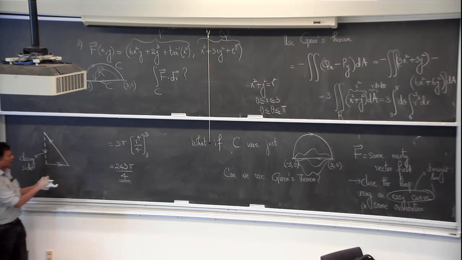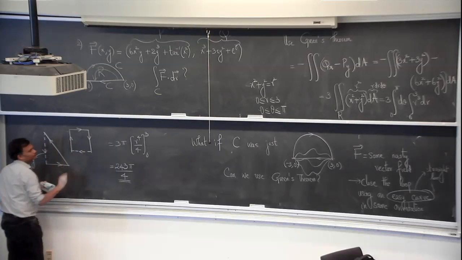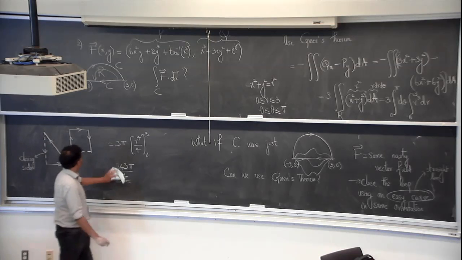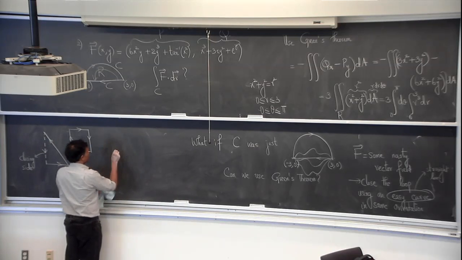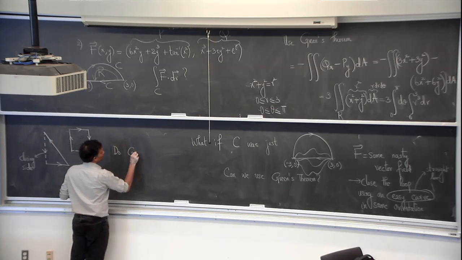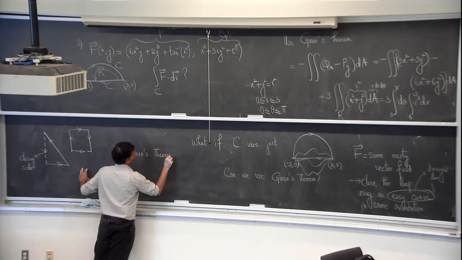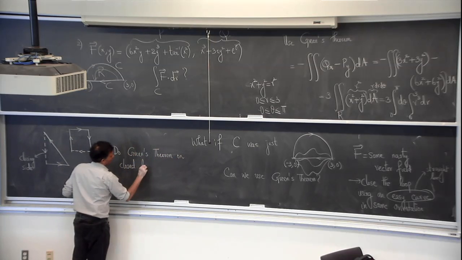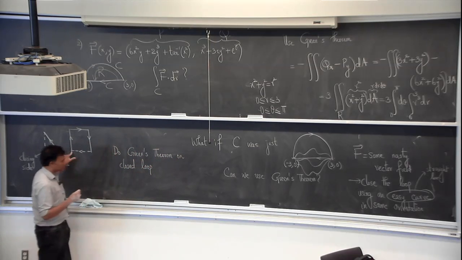So if you had a rectangle like this, this is the closing side. Do Green's theorem on the closed loop. And then, as I said, subtract the contribution from this extra edge that you added in.